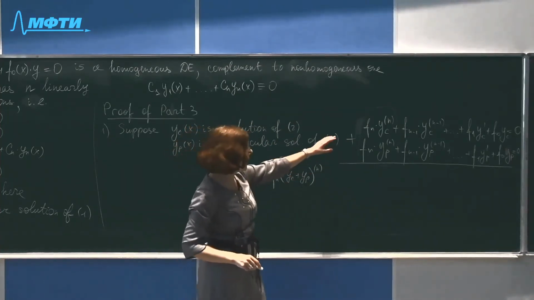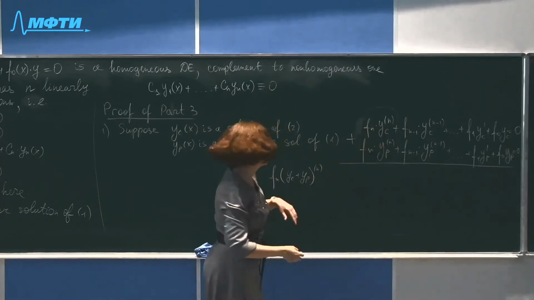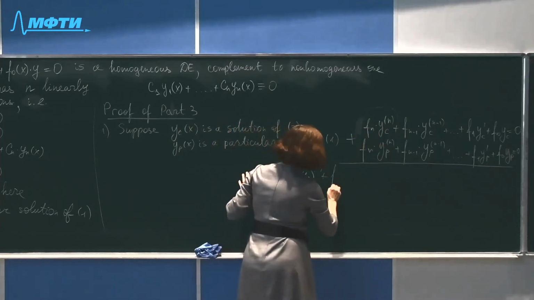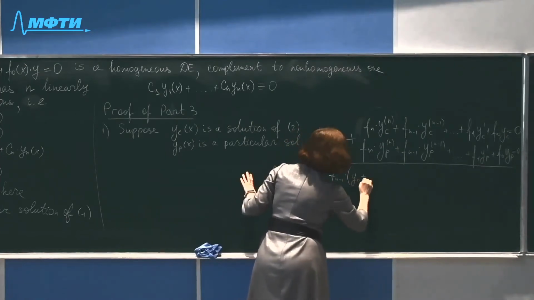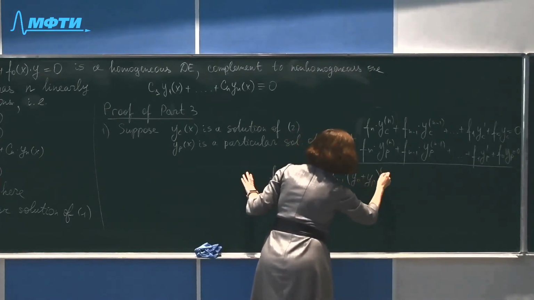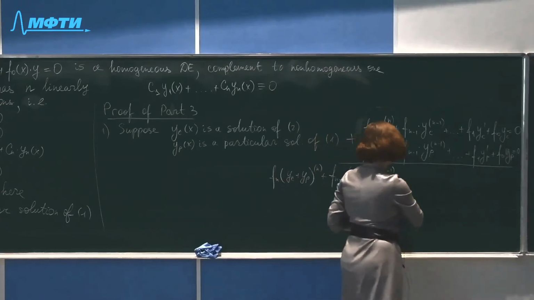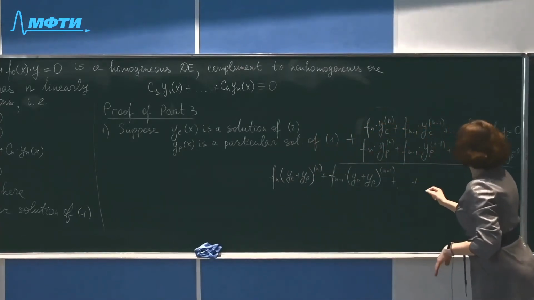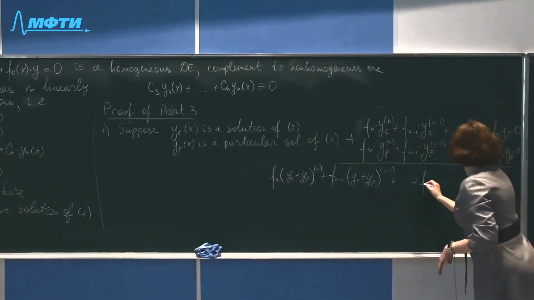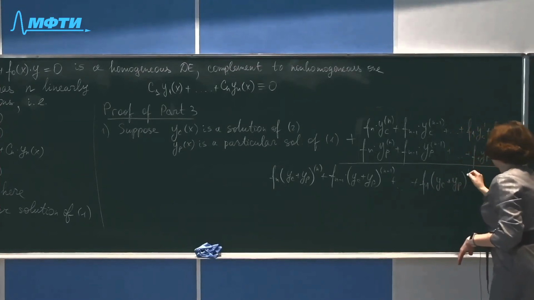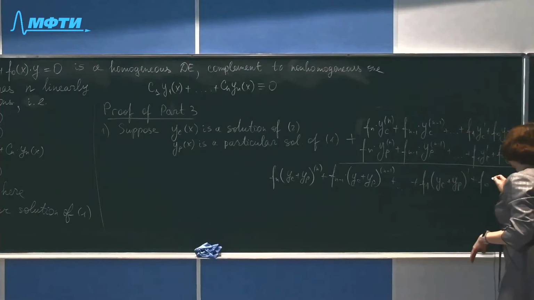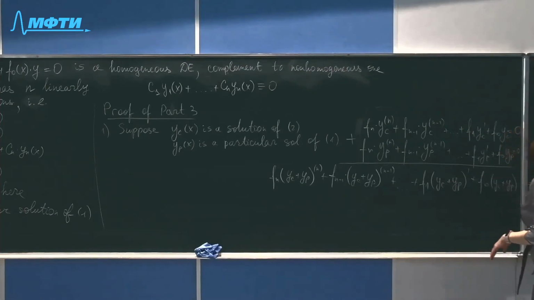Next, plus fn minus 1 times the derivative of order n minus 1 of yc plus yp, plus dot dot dot, plus f1 times yc plus yp prime plus f0 times yc plus yp equals q of x.